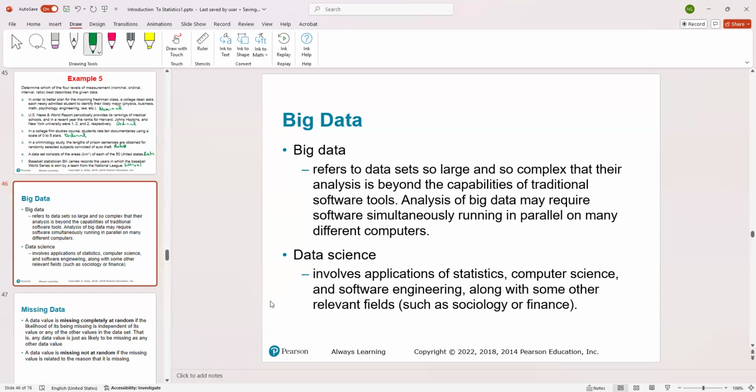Data science involves the application of statistics, computer science, and software engineering, along with other relevant fields like sociology or finance. We have so many data sets that would take terabytes or petabytes or exabytes to run, and our regular computer is not enough to do it.